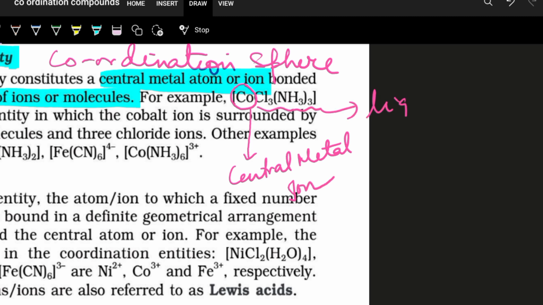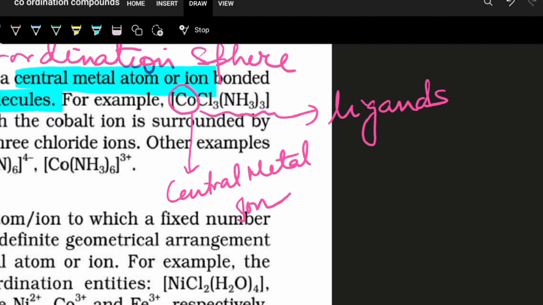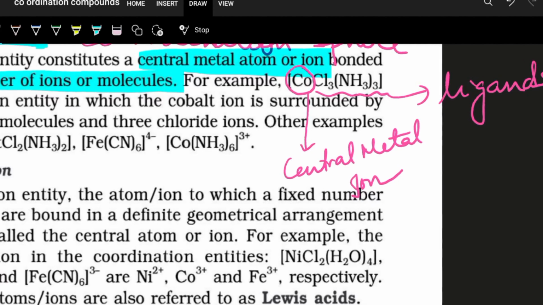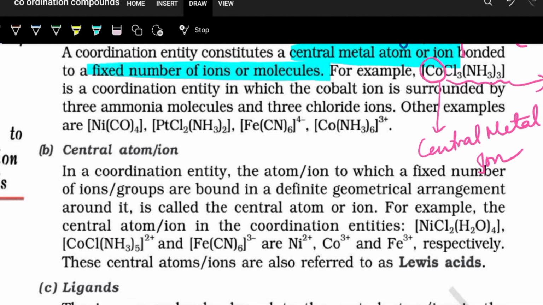These are the ligands, that is atoms or groups that are surrounding the central metal atom or ion and which are bonded to the central metal atom directly. Now, I said that there is something called coordination number in the previous module. We are going to talk about it in this module once again.